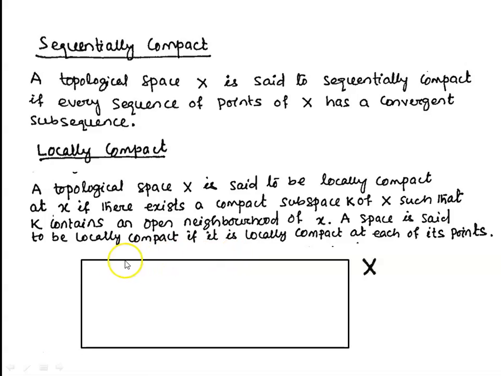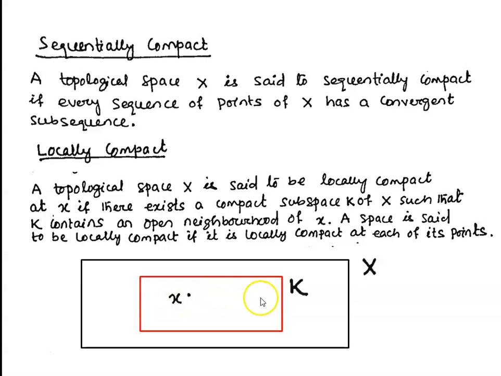Suppose here we have the topological space X and here we have the point x. Now this space is said to be locally compact at this point x if there exists a compact subspace K such that this K contains an open neighborhood around x.